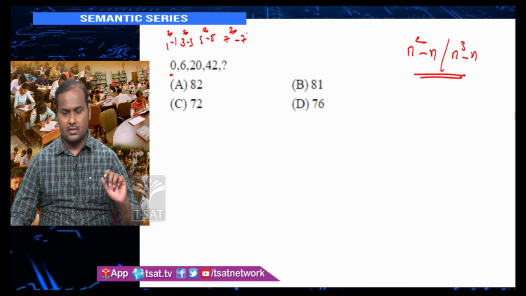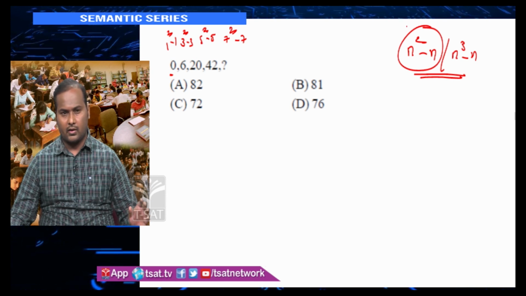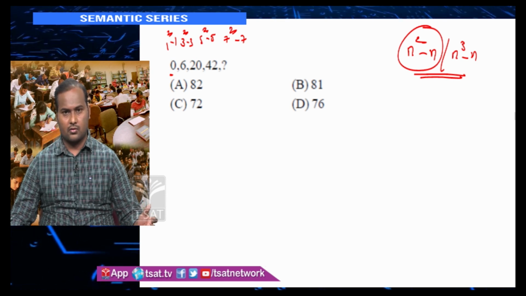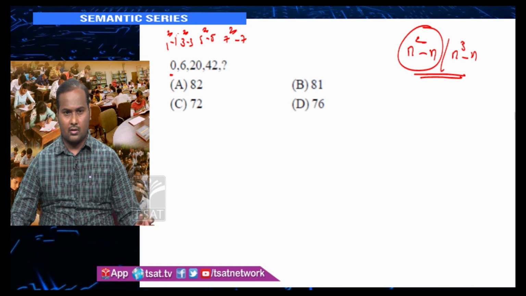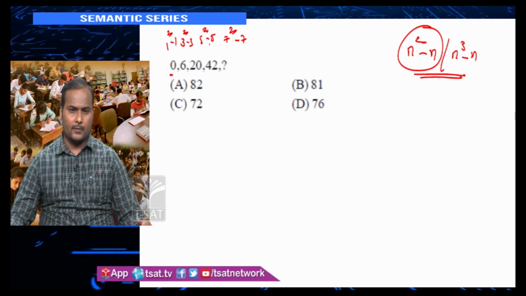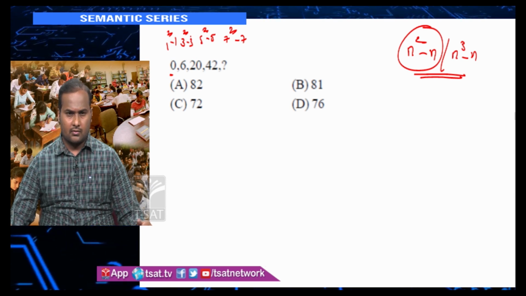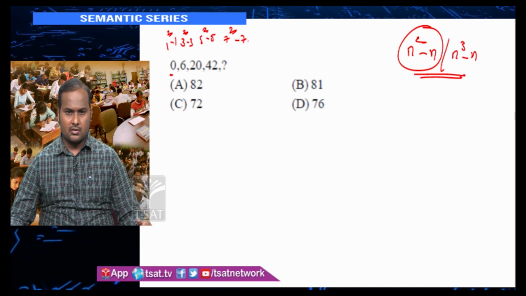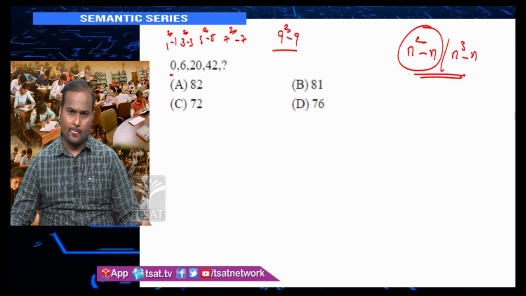So this question is in the format of n square minus n. But it's not following like 1 square minus 1, 2 square minus 2, 3 square minus 3. It's just changing these numbers like 1, 3, 5, 7, not consecutively. So 1 square minus 1, 3 square minus 3, 5 square minus 5, 7 square minus 7. Answer will be 9 square minus 9.